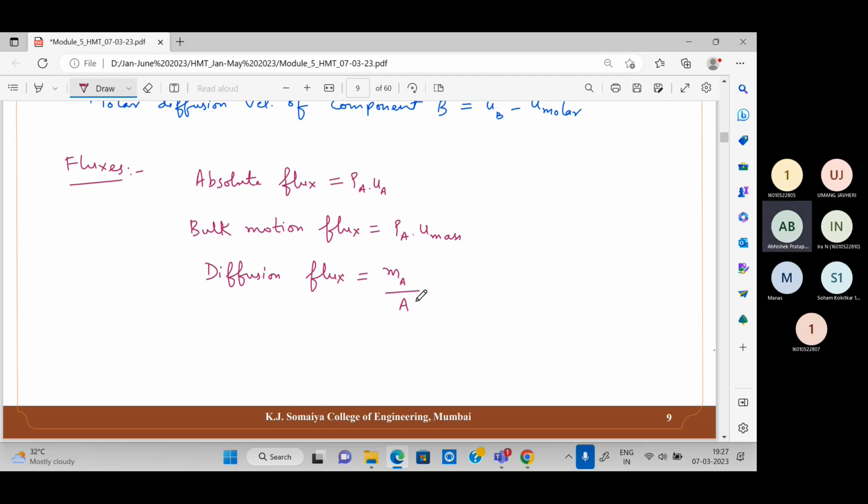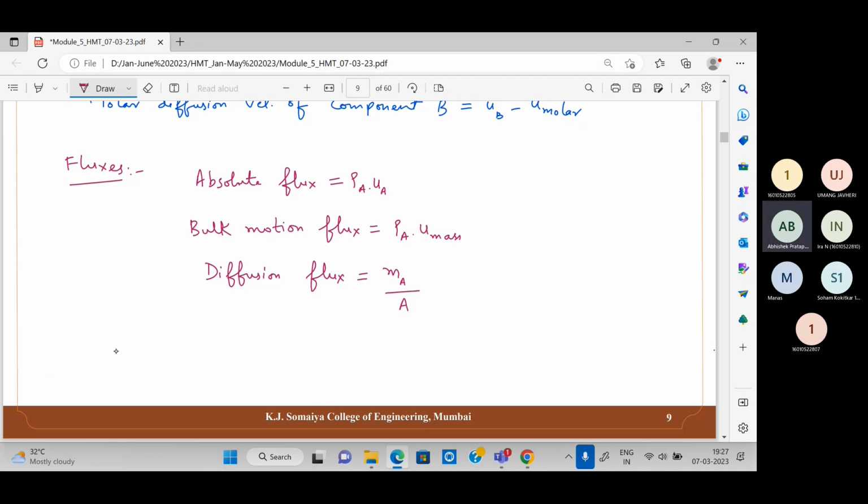The absolute flux of any constituent, as seen by the observer, is nothing but the addition of the diffusion flux and the bulk motion flux.